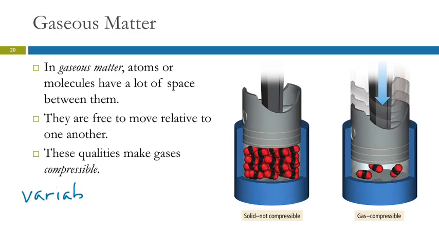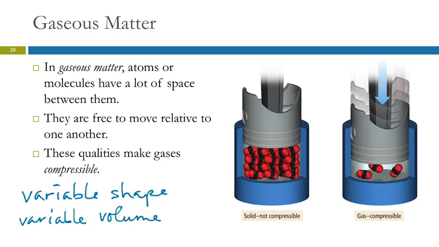So gases have variable shape. They will expand to fill their container. I mean, they will take on the shape of the container, and they also have a variable volume. They will expand to fill the container, and you can compress them and make them smaller.